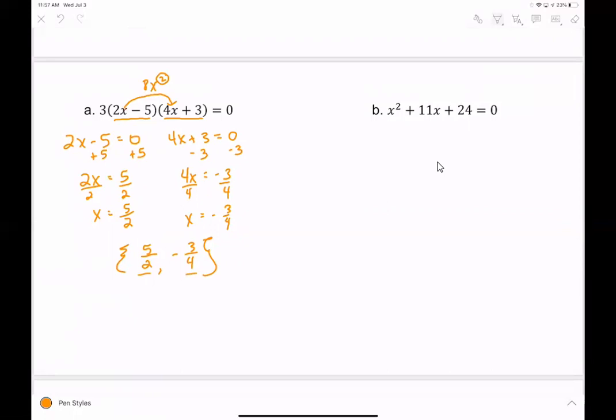In example B, we're going to solve the equation. Notice it's got the equal sign. I want to make sure it's equal to 0, so this one is set up already. The next thing I'm going to do is look at the terms and determine if I have a GCF. I do not.